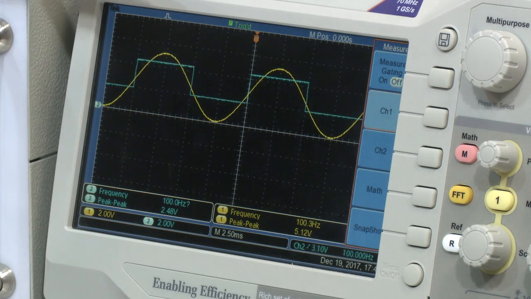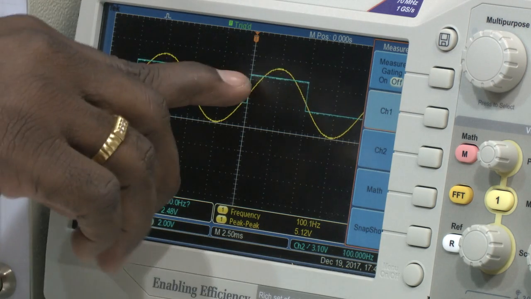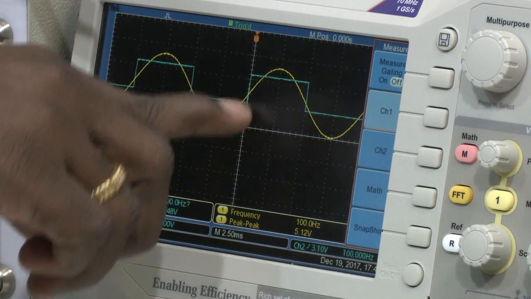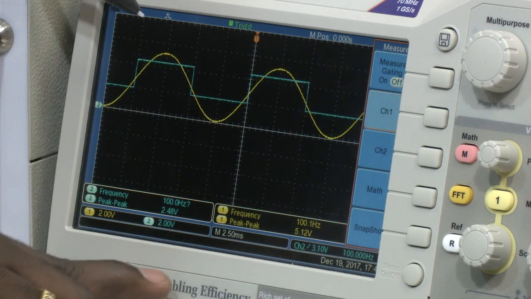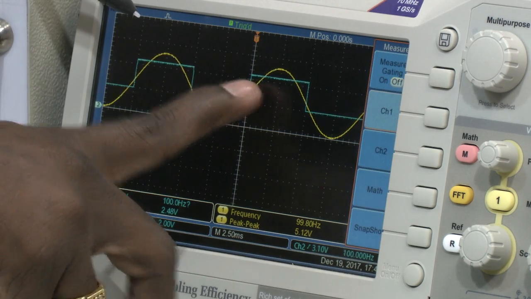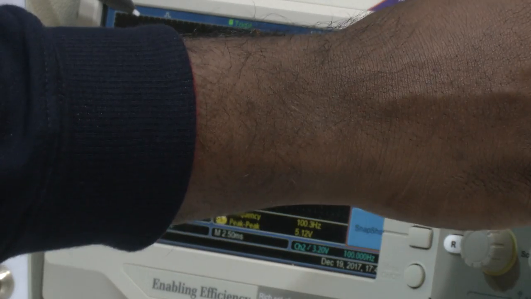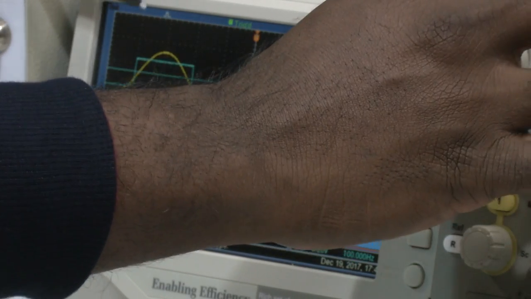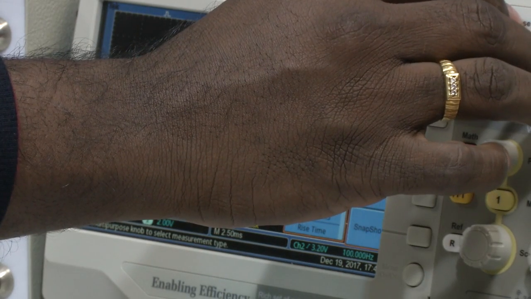But what is the output? What is the output? We can see output is 5 volts, right. Is it 5 volts? Approximately 5 volts. Yeah, it is close to 5 volts. But look at the shape, it is not any more sine wave.